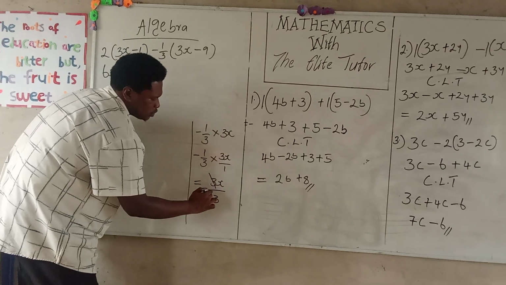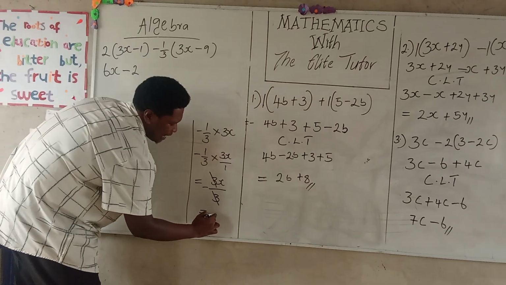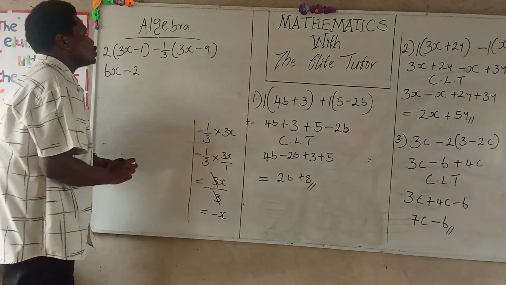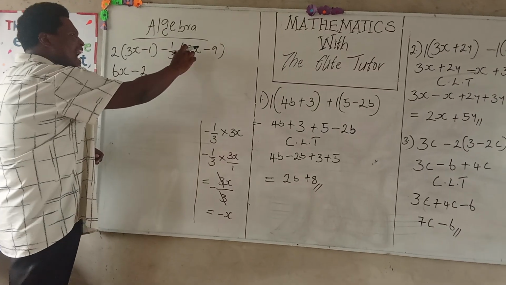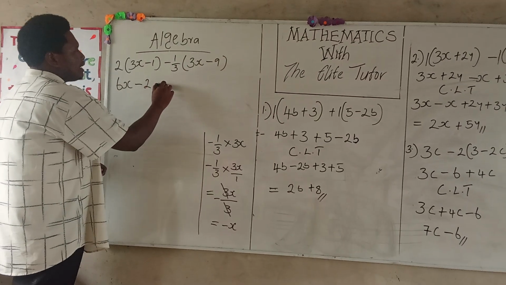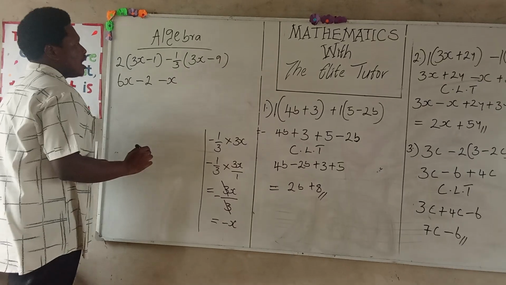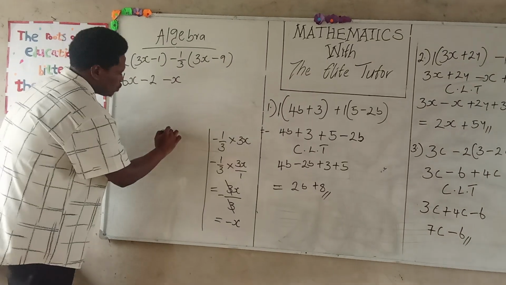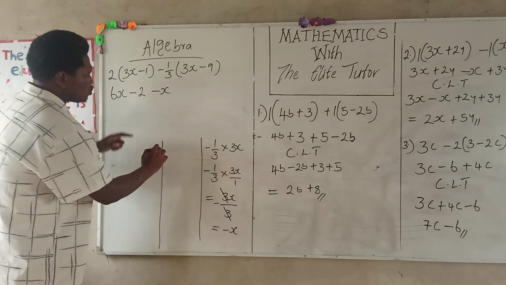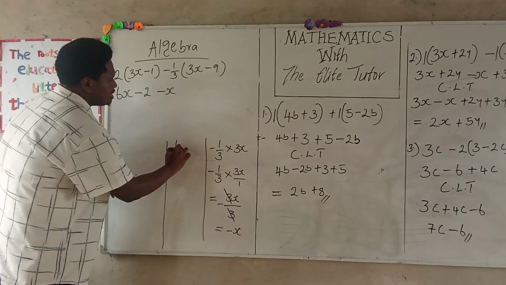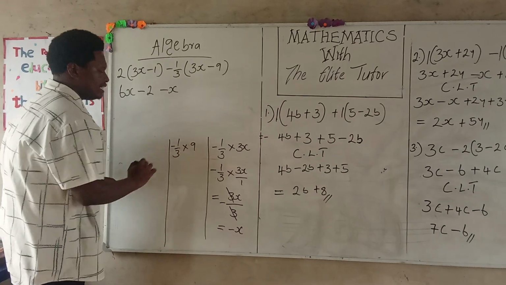Now 3 we cancel 3. Our answer will be minus x. So minus 1 over 3 times 3x, we have minus x. And let's also have the workings here. We have minus 1 over 3 times 9.